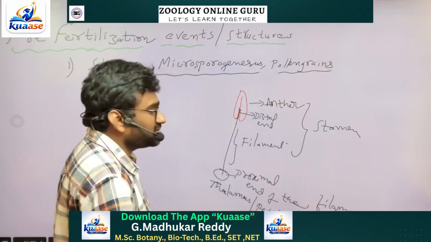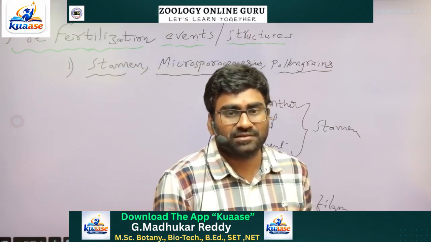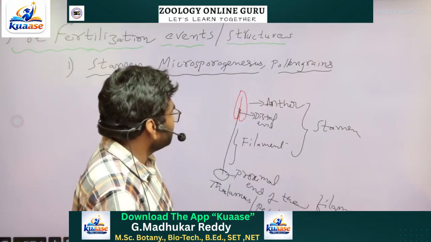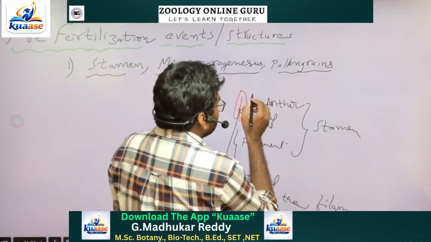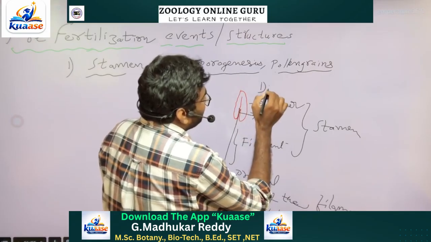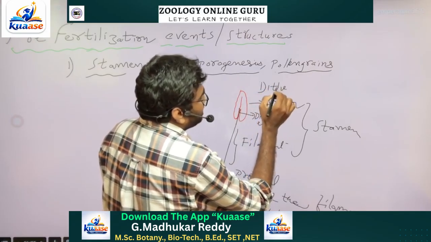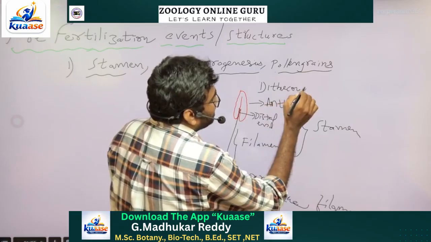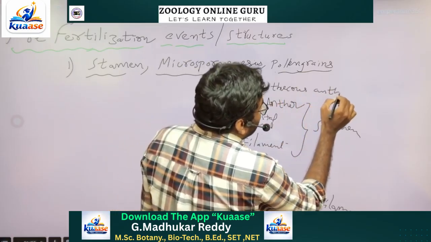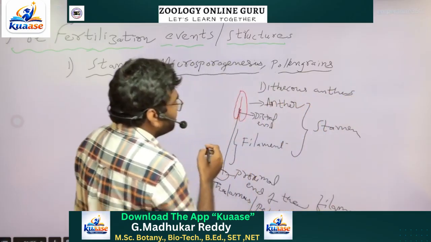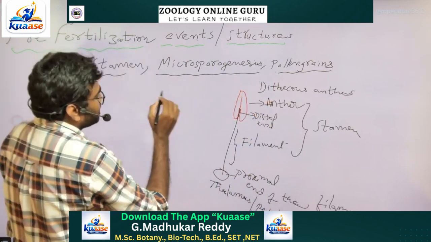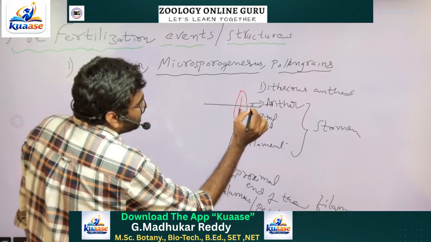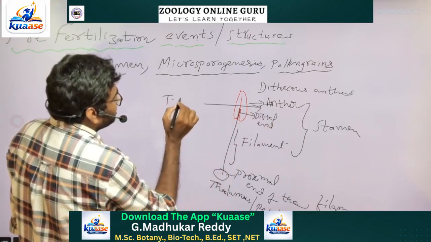The number of stamens varies from plant to plant. In most of the flowering plants, these anthers are dithecous anthers. When we make a horizontal cut of the anther, that is usually called a transverse section.